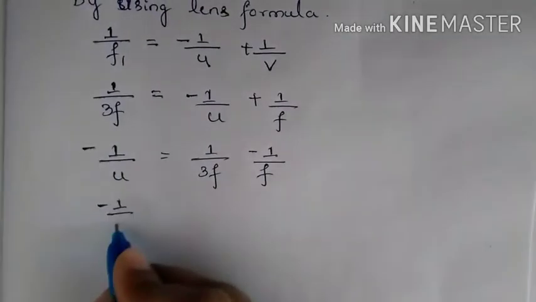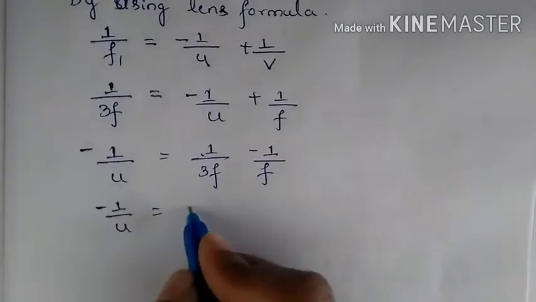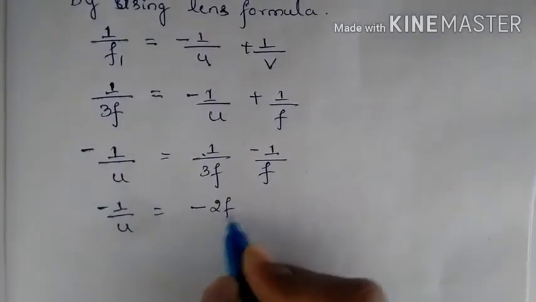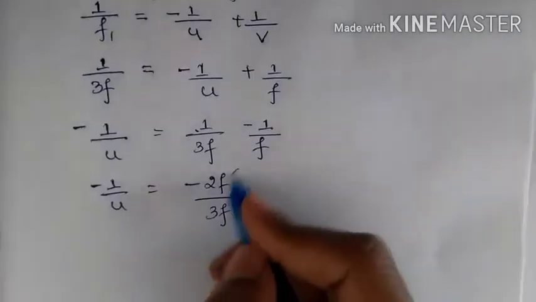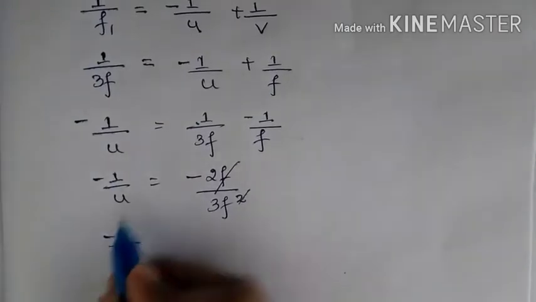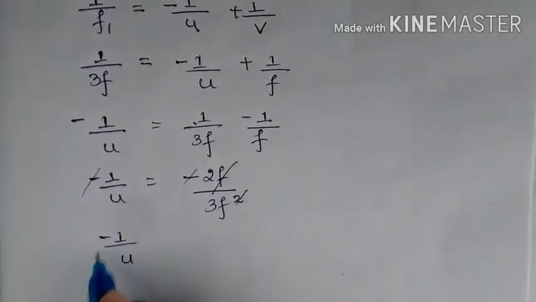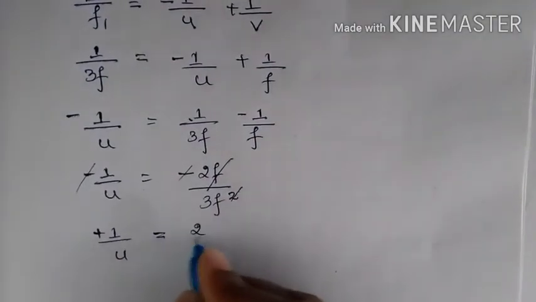Now minus 1 by u is equals to f minus 3f, that is 2f by 3f square. So f will get cancelled. What remains is 1 by u. So minus minus will also get cancelled. So this is plus 1 by u is equals to 2 by 3f.